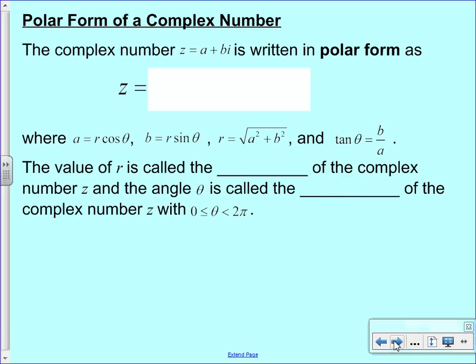So z can be written as r times cosine plus i sine. Instead of writing r next to each of them, you just factor out the GCF. Look familiar? Where a and b are those things, r, of course, is the square root of a squared plus b squared.